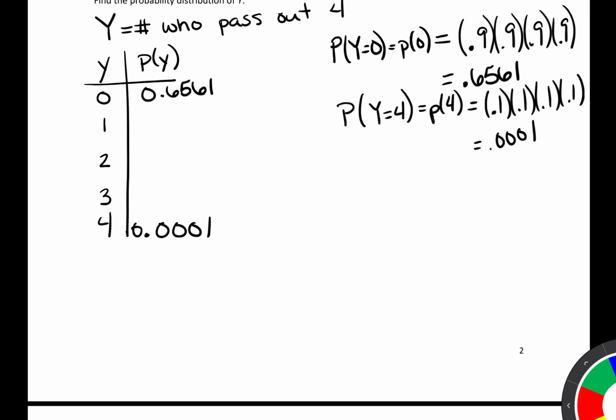So, for example, if I want to find the probability that only one person passes, notice it could be that the first person, the second person, the third person, or the fourth person is the person who passes. So if it's the first person who passes, I'm going to have 0.1, and then the other 3 fail.